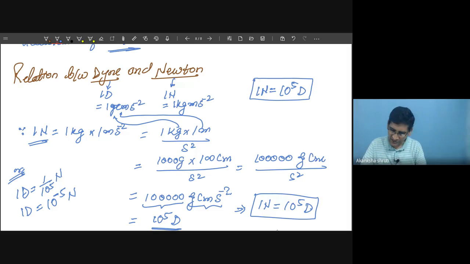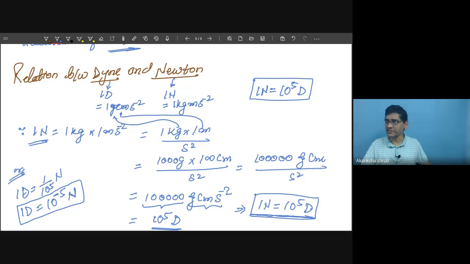Just rearranging this: 1 Newton is equal to 10 to the power 5 dyne, so 1 dyne is equal to 1 by 10 to the power 5 Newton. The denominator can be brought into the numerator with negative power. So 1 dyne is equal to 10 to the power minus 5 Newton.